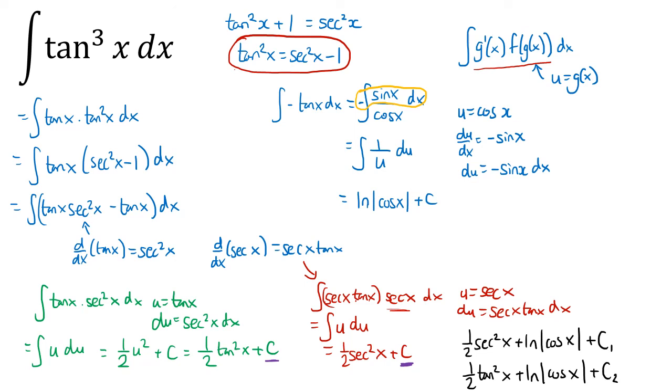And just recognizing that these c1 and c2 are different, but both of those are equal. If this was a definite integral, you wouldn't have the c1s and c2s, and the numerical value that you calculate would be equal in each case. Okay, there we are.